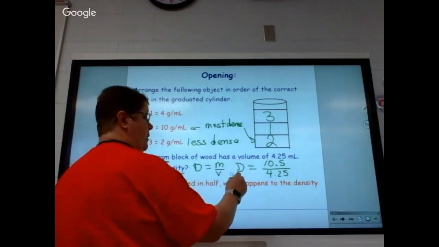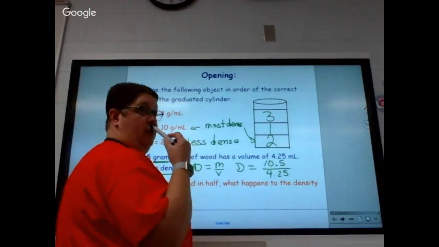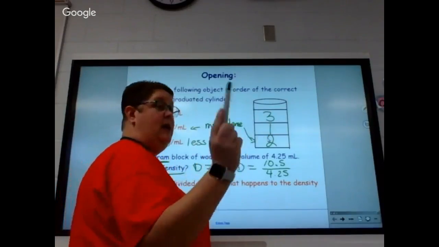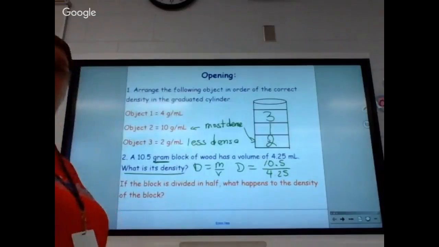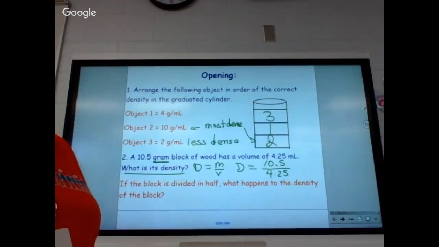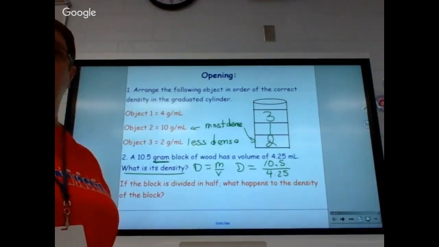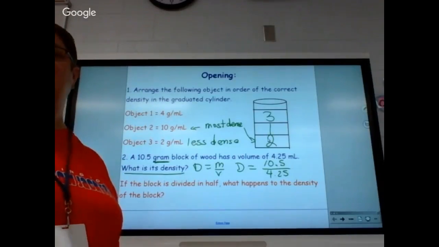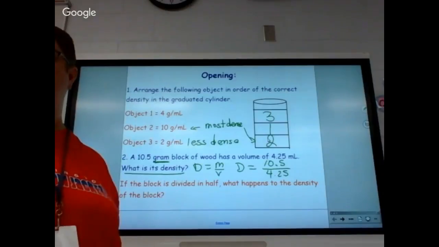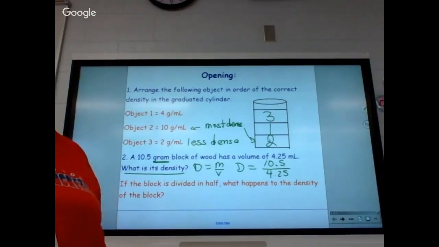Is the D right here by itself or with another number? It is by itself. If it's by itself, we don't have to cross multiply. Okay? We only have to cross multiply if the number is with something else. Does that make sense? Okay, so since it's by itself, we don't actually have to cross multiply. So all we have to do here is what?